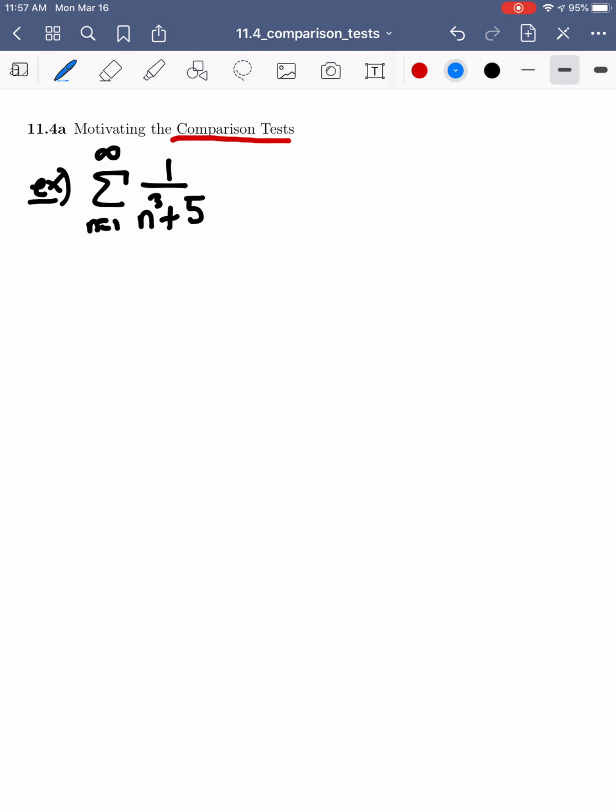So if we're thinking about that function, or the series 1 over n cubed plus 5 from n equals 1 to infinity, we're going to attack this by a comparison test. And we're going to dive into the nitty-gritty of comparison tests in the next video, but this is just to kind of give you an idea of where we're going to go. So for example, we don't know anything about this particular series as it stands.